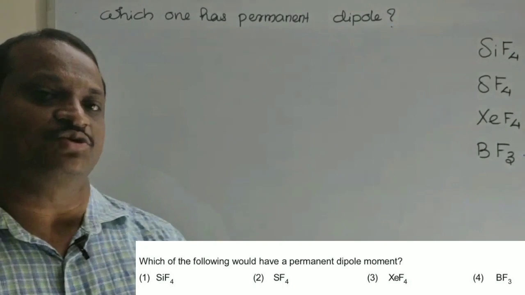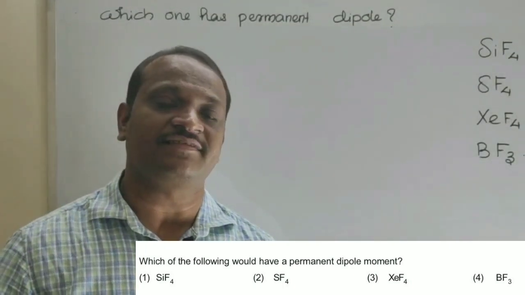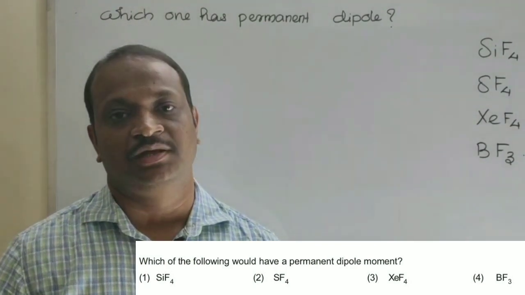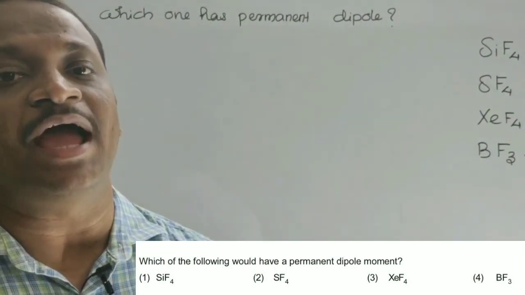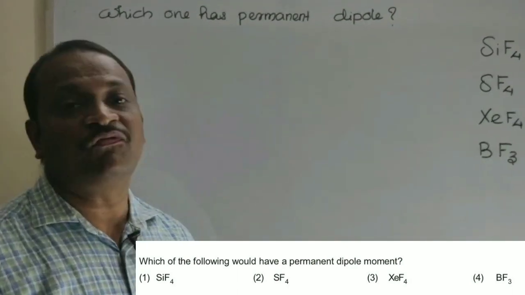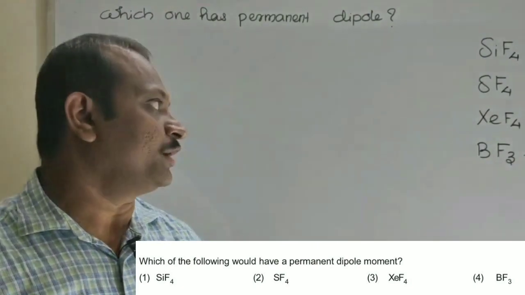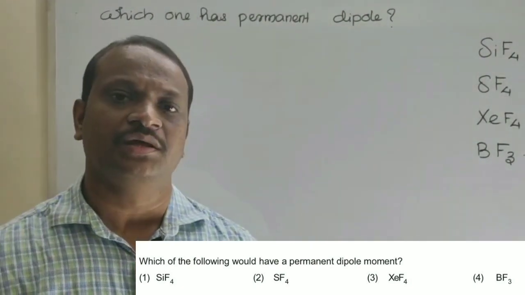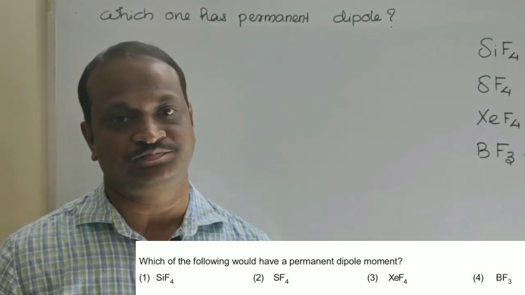See, in the next question, they're asking which one of the following has high dipole moment. I told you earlier, if a compound is symmetrical, it does not have a dipole moment. So our motto is to find which compound is not symmetrical. Let's see one by one. SiF4. Please try to understand, SiF4 is just like our CH4.